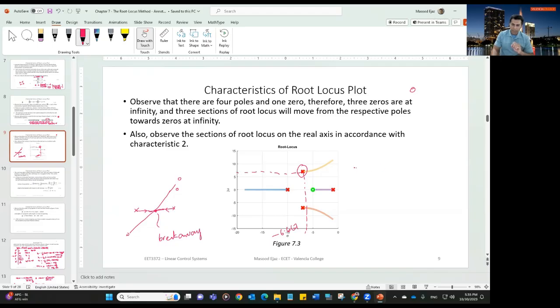So whatever root you're getting, let's say s is equal to 5 plus minus j5, both of these roots are plotted on the S-plane for a specific value of k for which the equation yielded these roots. You separate the real part and the imaginary part, and then you plot real versus imaginary on the S-plane.